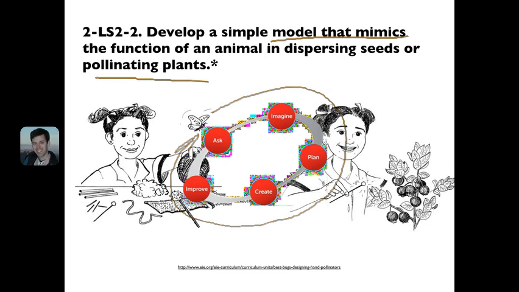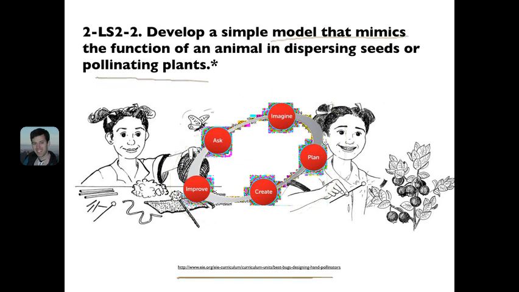And you can use the engineering design process like this one shown here from the Engineering is Elementary kit to really get your students into thinking about how they can mimic pollination processes.